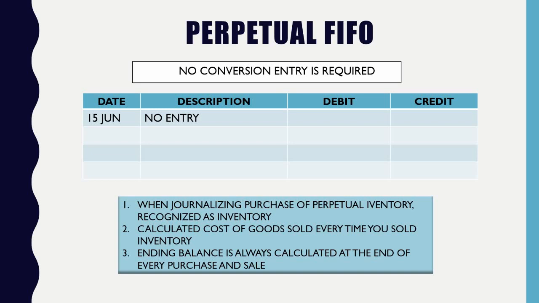Your ending inventory is already in your inventory, and you are calculating your cost of goods sold as you go through the entire scenario. So there is no need for a conversion entry. Okay? All right. Any questions from here?